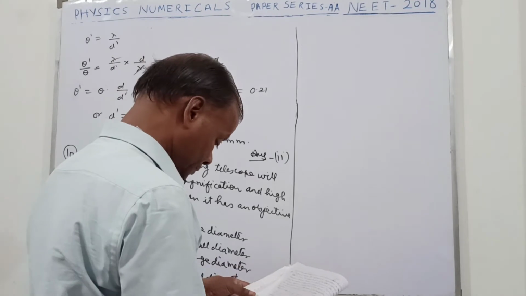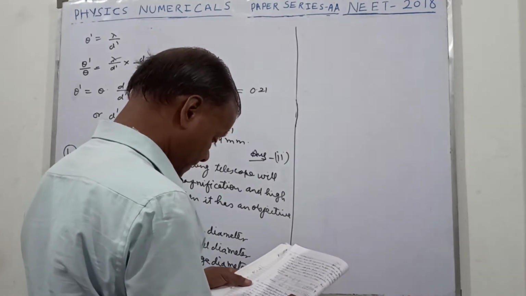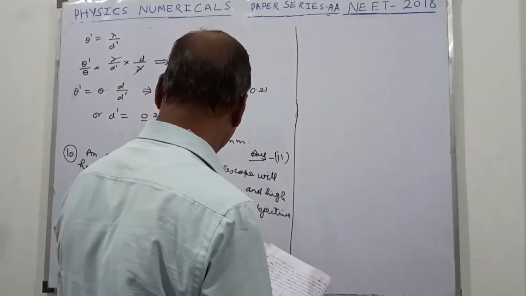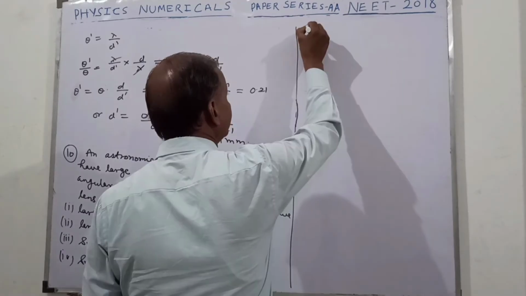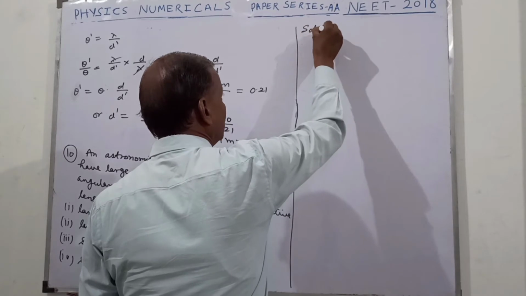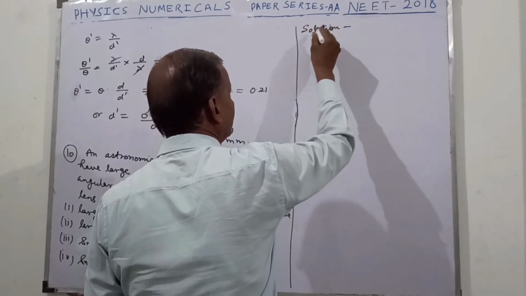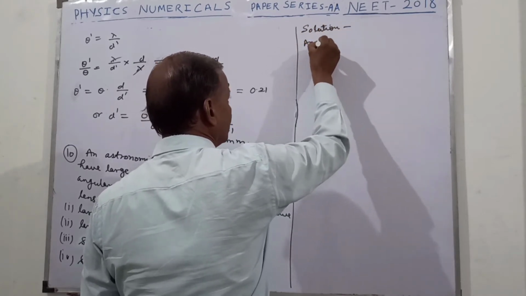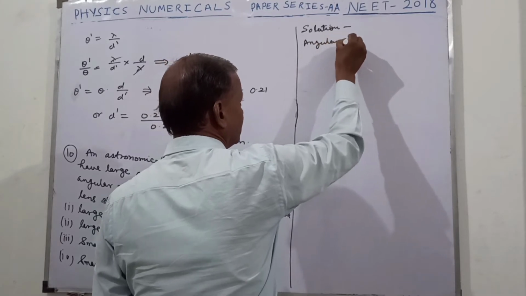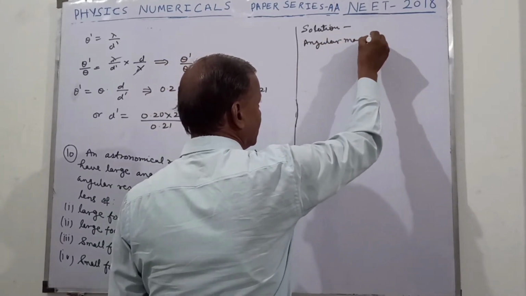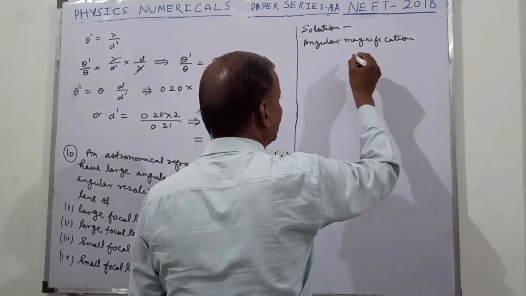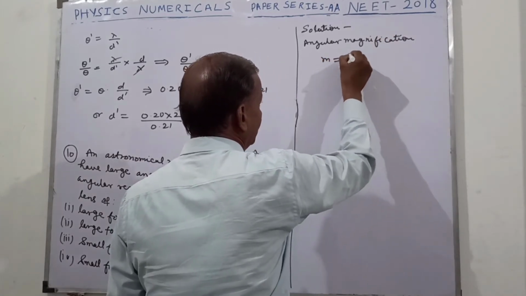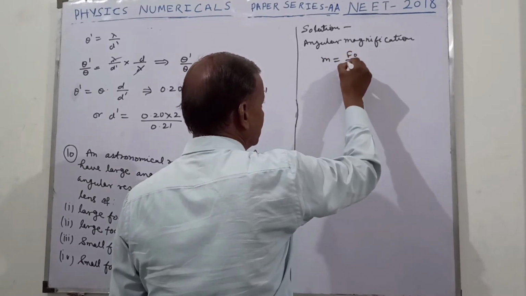Now we have the angular magnification, M equal to F0 upon Fe.